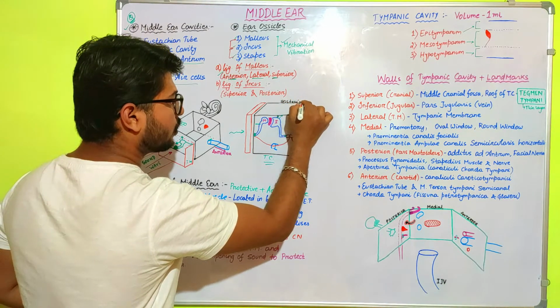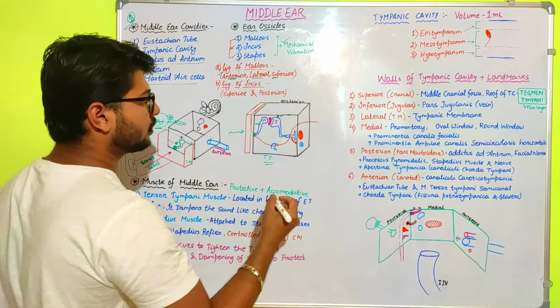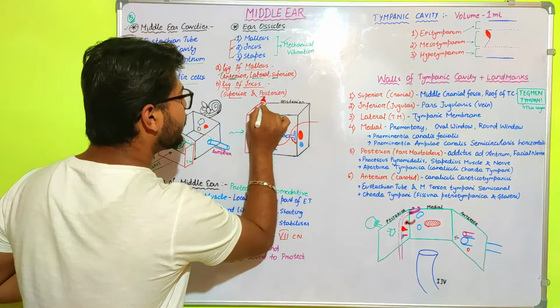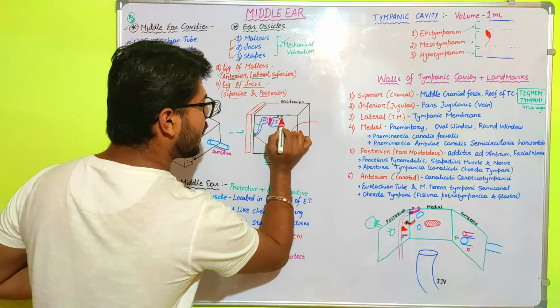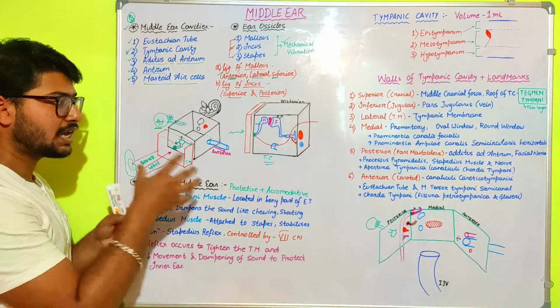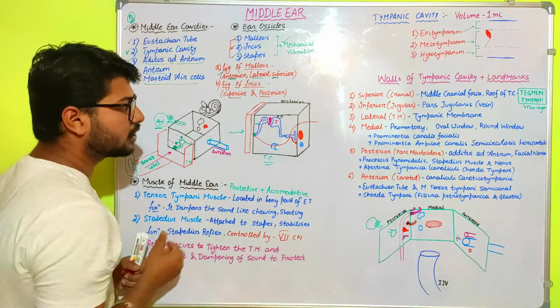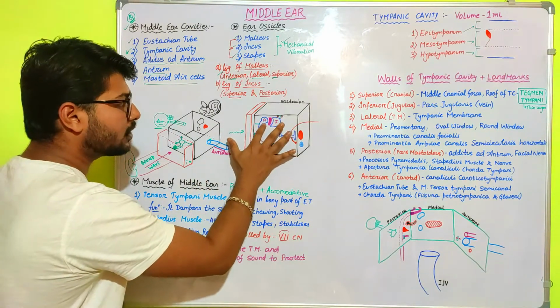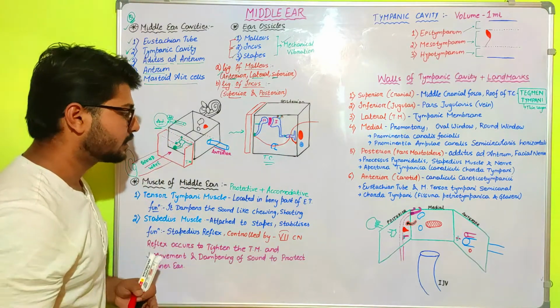Okay, so from this you can clarify that the superior and posterior ligaments attach in this direction, superiorly and posteriorly. That stabilizes the incus at its position with the joint that is present between the malleus and incus. Okay, so that is the main function of the ligaments.